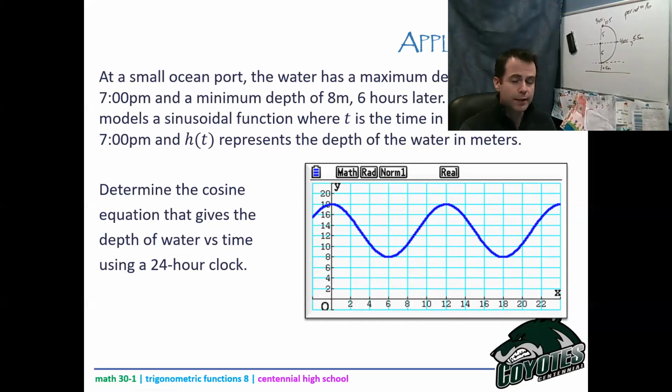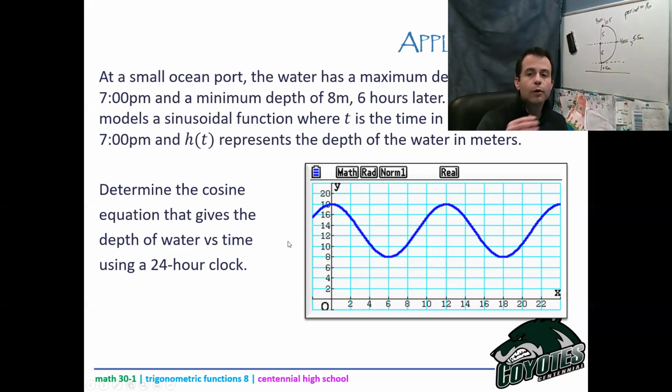I'll skip C for 1 second, go right to D. The D value has to be the halfway point between 8 and 18, which is 13. Now you could do that by taking the average of 8 and 18. 8 plus 18 is 26 divided by 2. Or you could say you already know your A value of 5, so I could go to my minimum, add that 5, and get up to 13 that way.